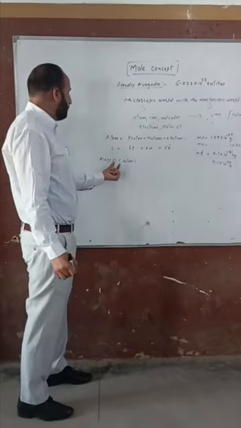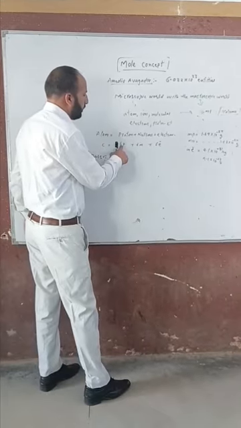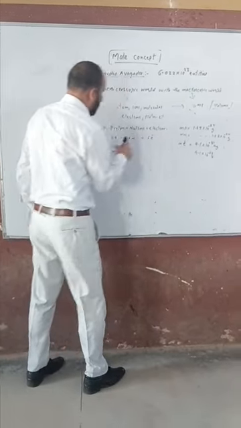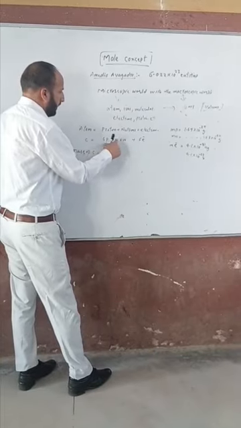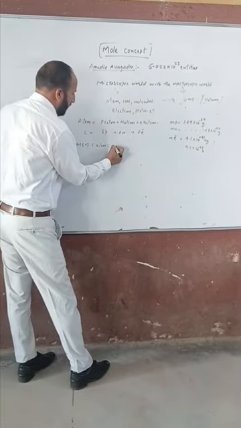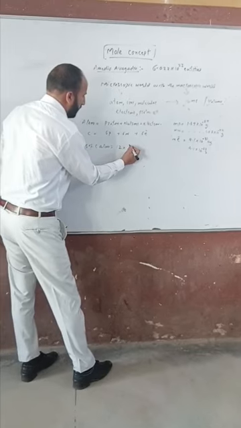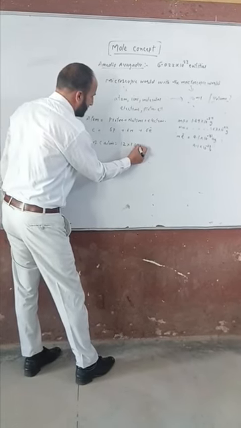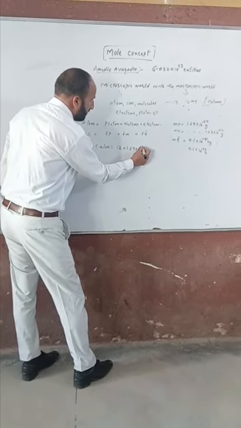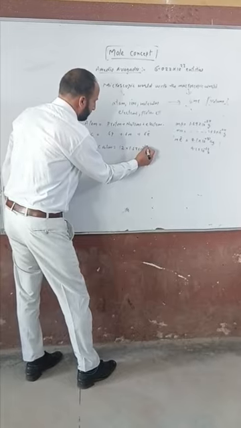So the mass of one carbon atom: the mass of a proton and a neutron is almost the same, and there are 12 such entities, each 1.67 into 10 to the power minus 24 gram. So the mass of one carbon atom is 12 into 1.67 into 10 to the power minus 24 gram, and we also know that 1 AMU is equal to 1.67 into 10 to the power minus 24 gram.